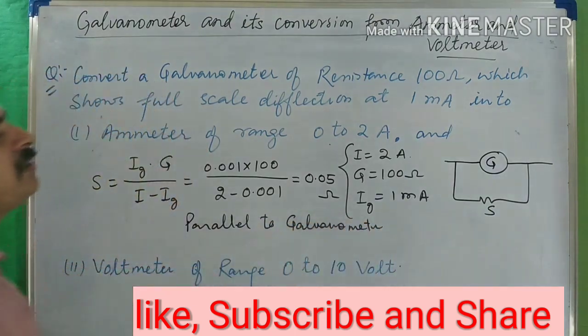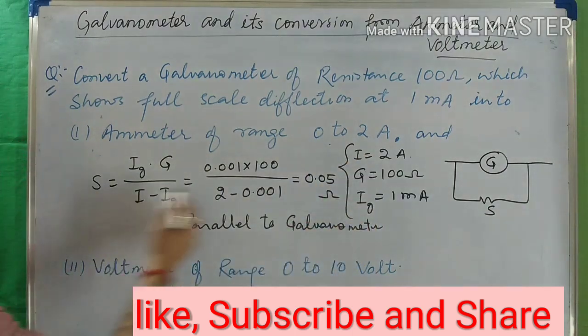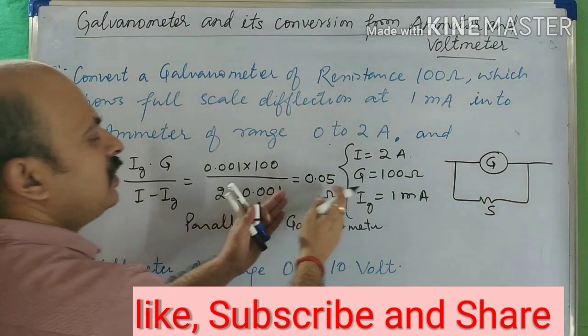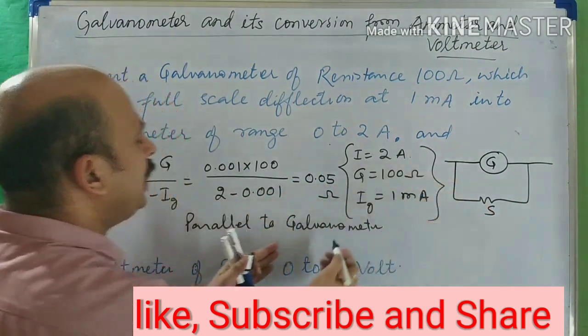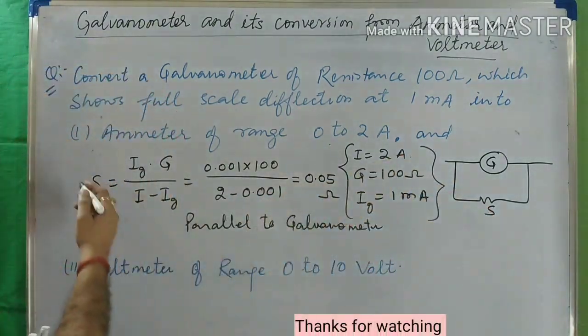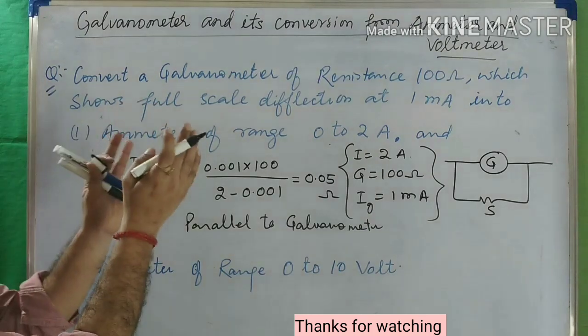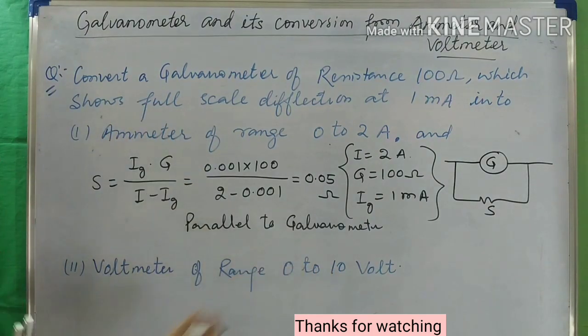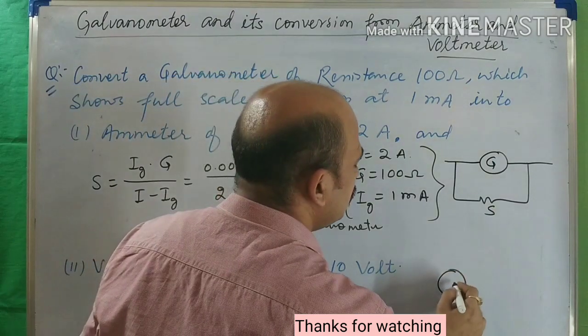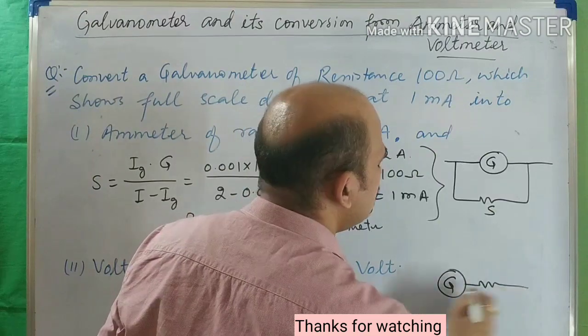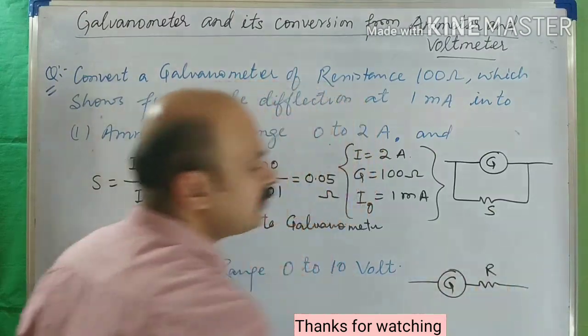So in this way you will write the given data. This is the formula to calculate S, and this shunt should be connected parallel to the galvanometer in this way. To convert this galvanometer into a voltmeter of this range, what will you do? You have to connect a high resistance in series with it.